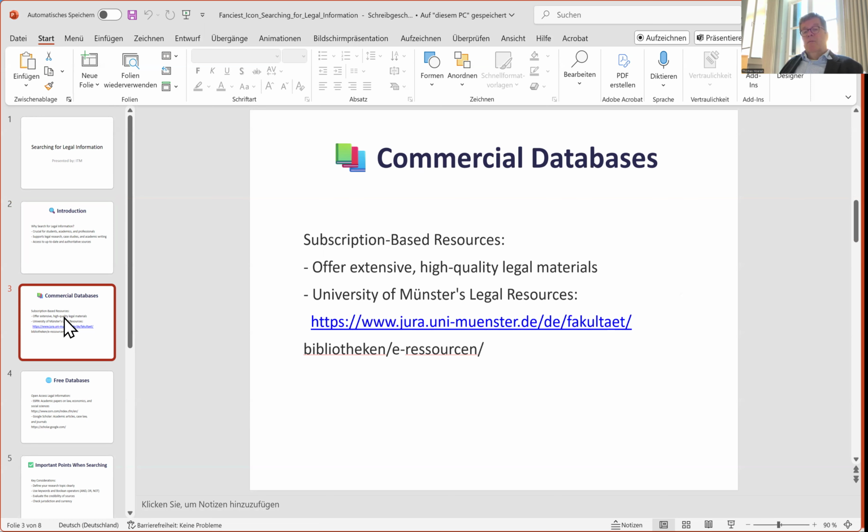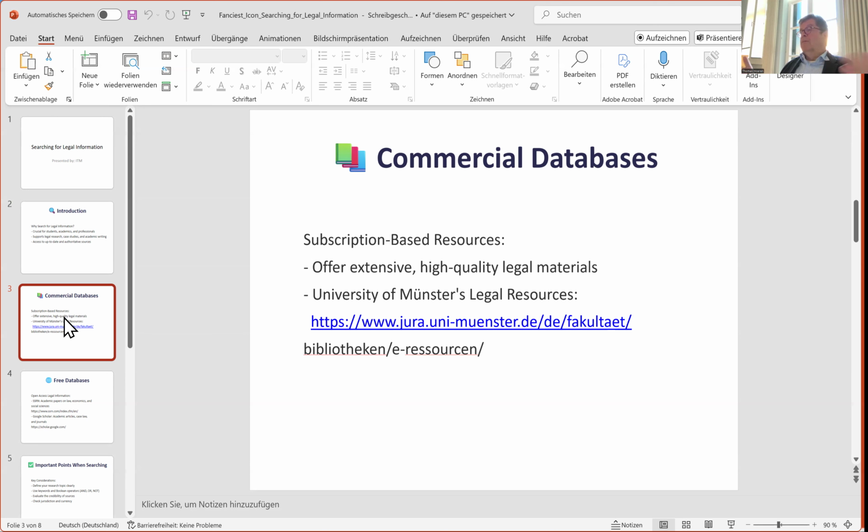If you see that homepage, the link which you see has to be used as a whole link. If you go to the website of the University of Münster, you see several high-level databases. Important is, of course, Beck Online.